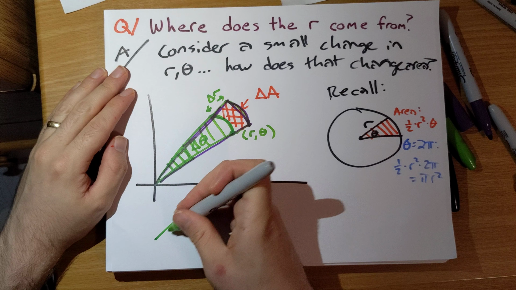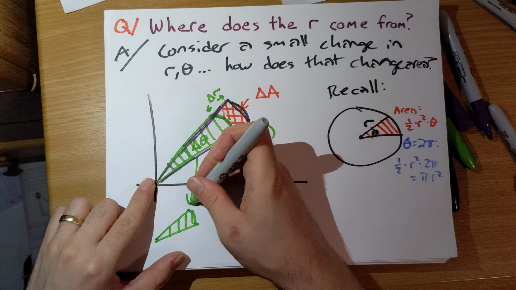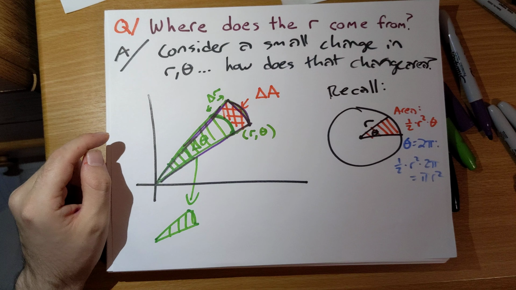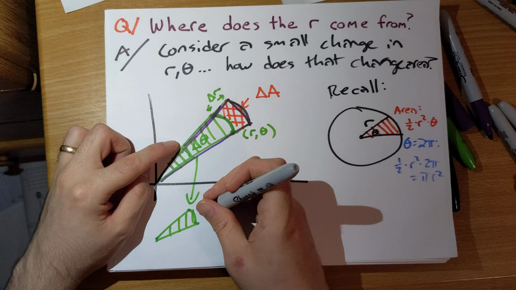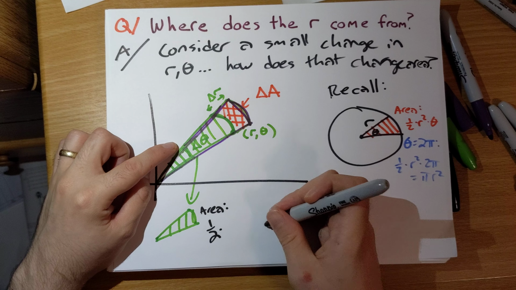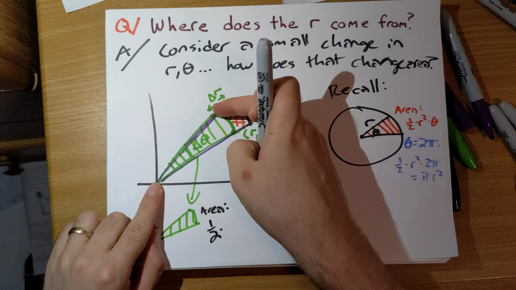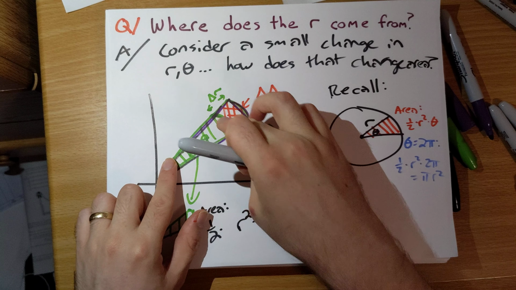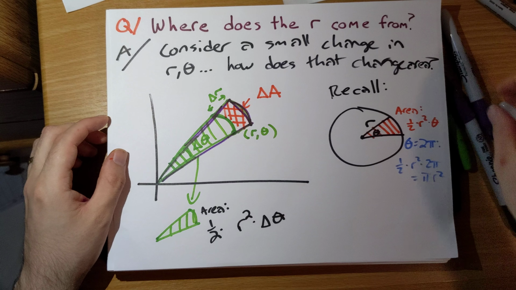For this smaller region, the angle is delta theta, so the area will be 1/2 times the angle, delta theta, times r squared. So the area of this region is 1/2 r squared times delta theta.